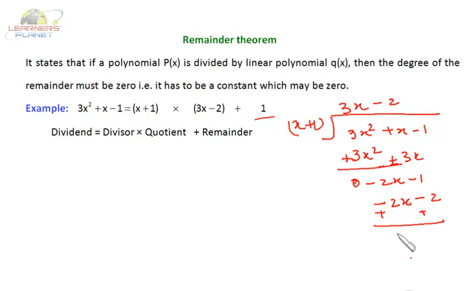So finally I'm getting 1 as a remainder. That means dividend is equal to divisor into quotient plus remainder. So here I'm getting the remainder as 1.